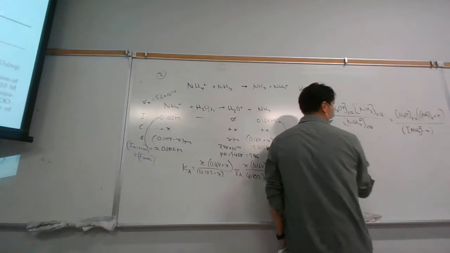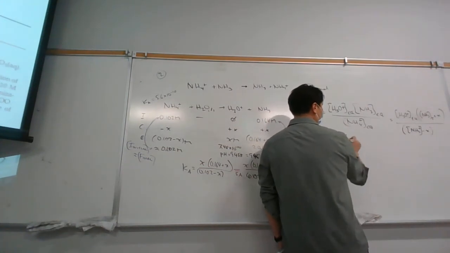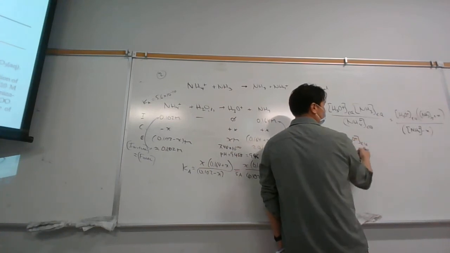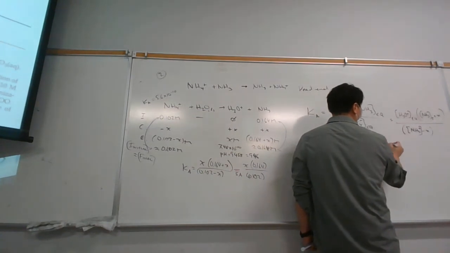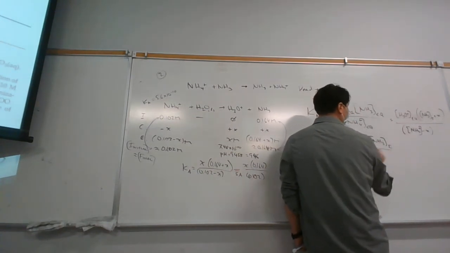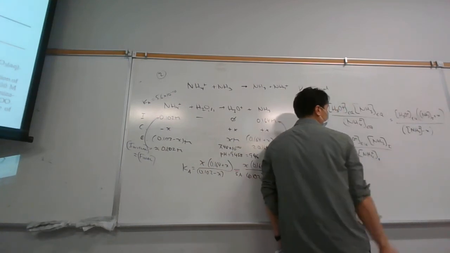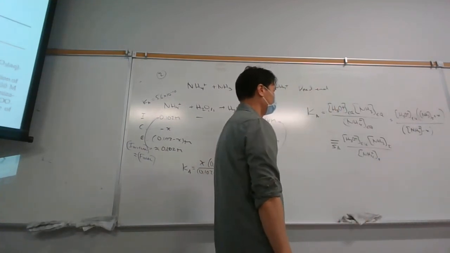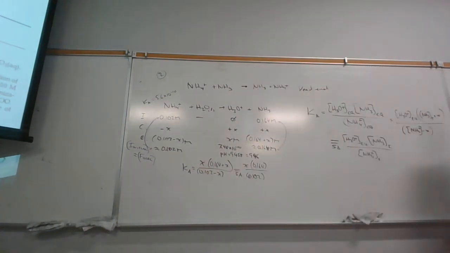Now let's go ahead and use the simplifying assumption, which should work as long as we have enough concentration. Ka is equal to the hydronium concentration at equilibrium times the ammonia concentration initial divided by the ammonium concentration initial. Now we're going to take the negative log of both sides.